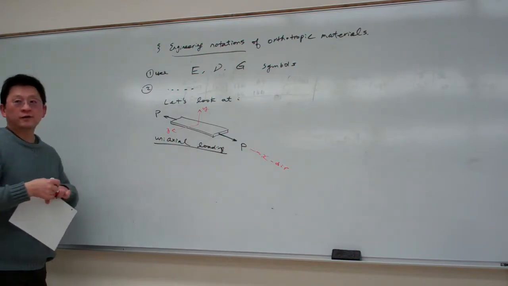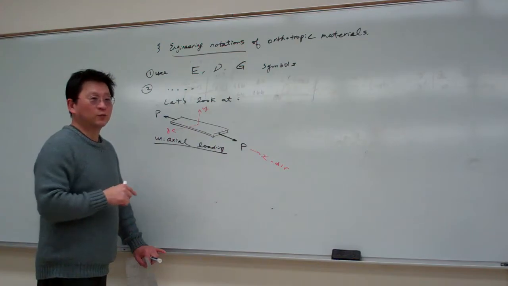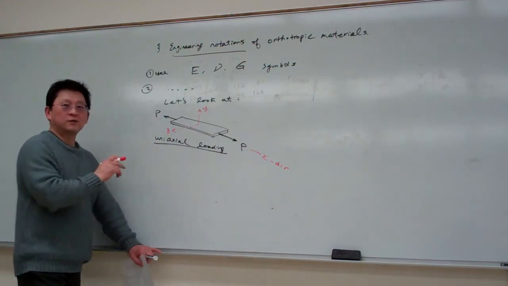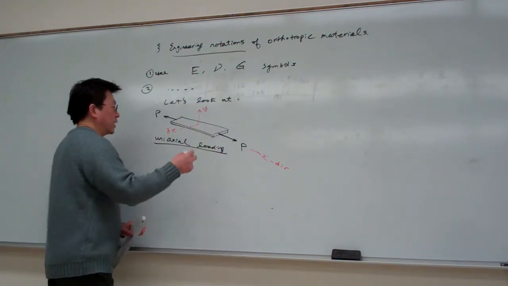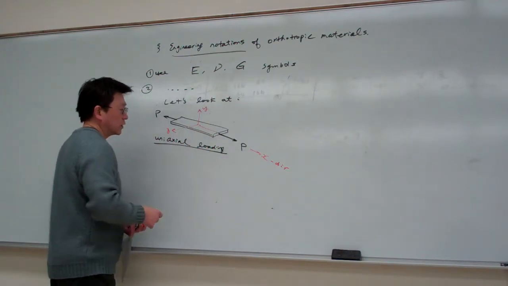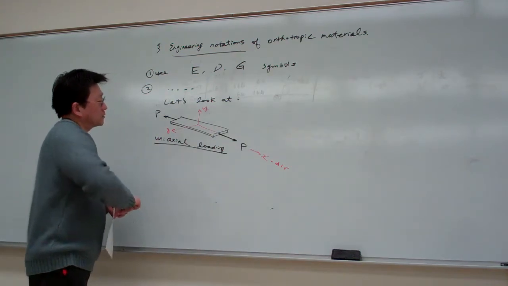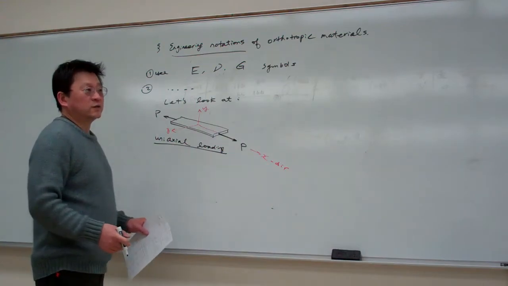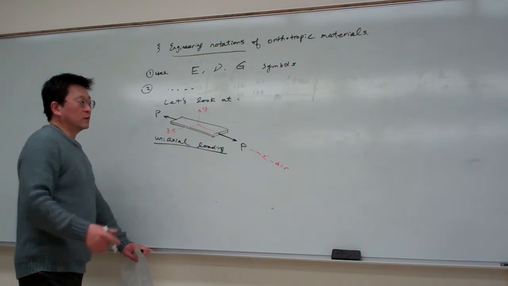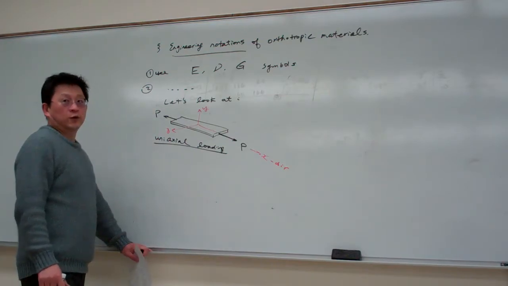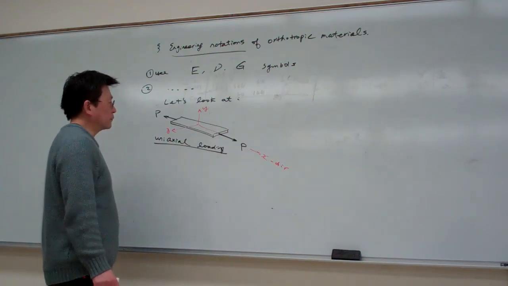Using red color means nothing, I just try to distinguish, it doesn't mean this is important, no, just using a different color for labeling purposes. So these are the x, y, z directions, and this is a uniaxial loading, the loading applied in our defined x direction. And so for this case, again, this is an explanation of the same material properties from the engineering viewpoint. So from here, you will have more sense, more feeling about what we are doing here.